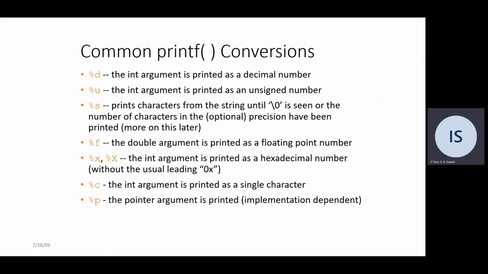And you can see these are the different format specifiers we can use. This is %d for decimal number, %u for unsigned number, %s for the string, %f for float number, %x or %X for hexadecimal number, %c for single character, and %p for pointer argument.